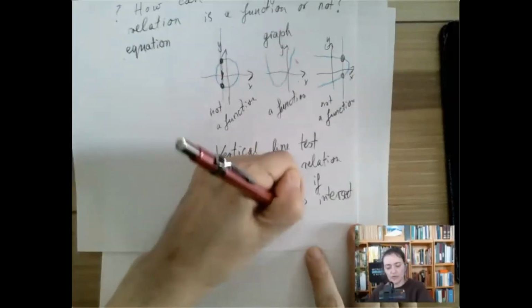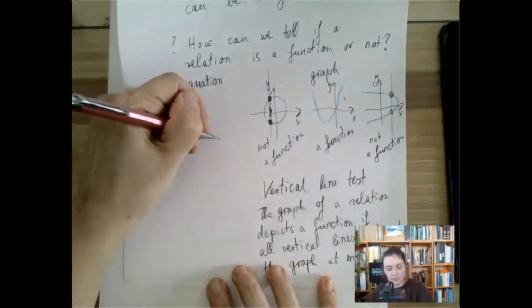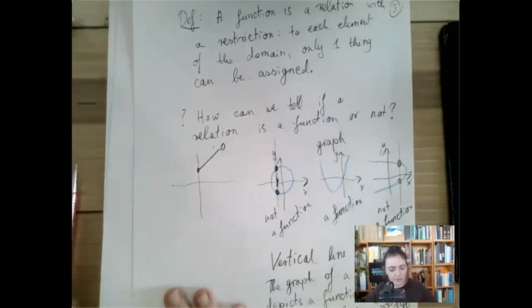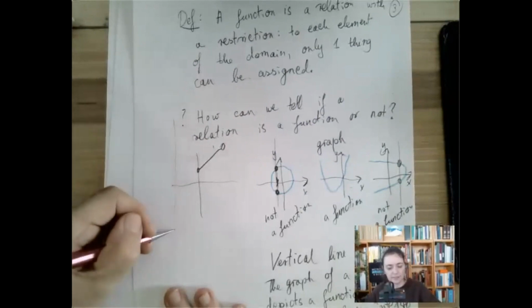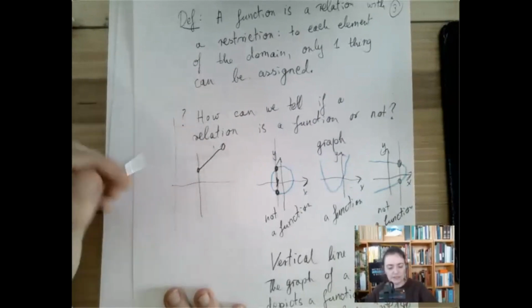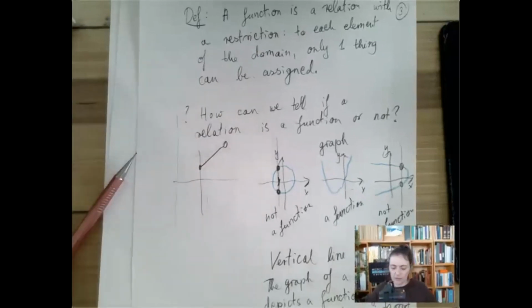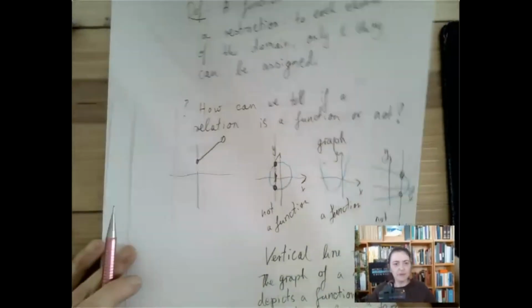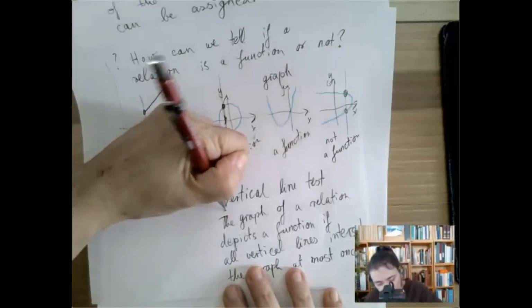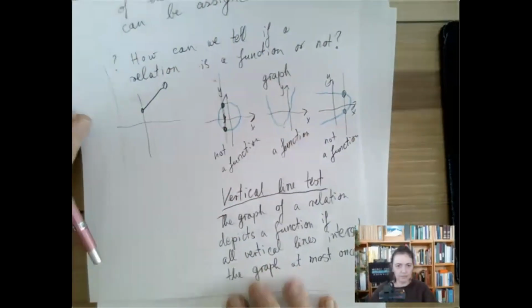So at most once. You can have a small, cute little domain here. That's not a problem. It's just two or more intersections with the graph that would be a problem. So that's the vertical line test. That's how you test if a graph belongs to a function.